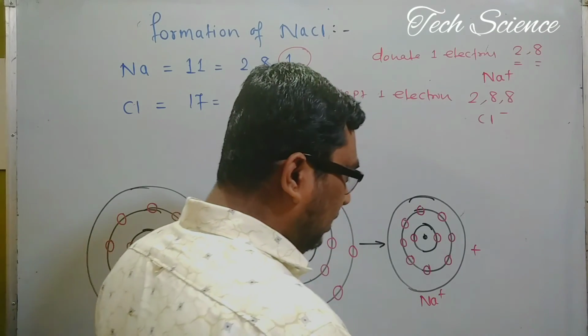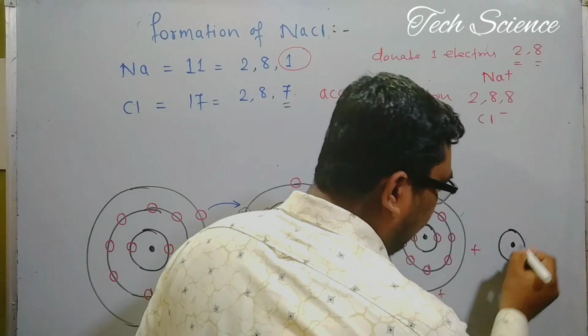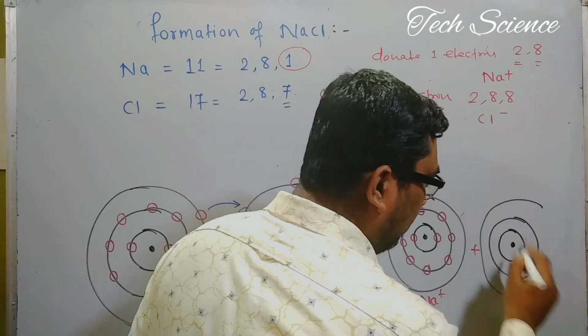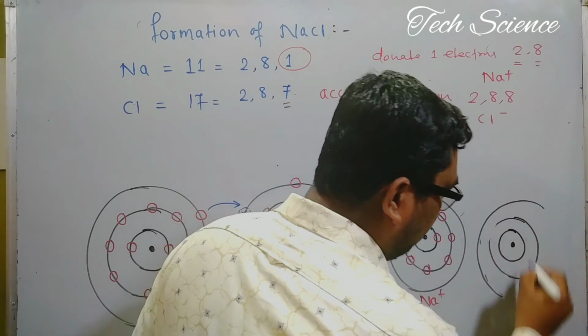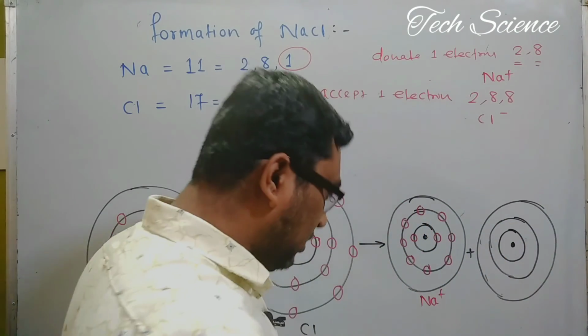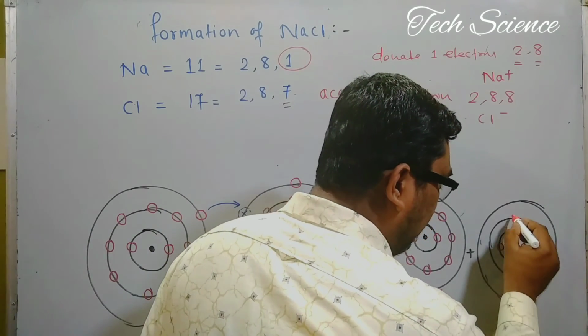What about the chlorine? This chlorine has a stable electron configuration after accepting 1 electron from the sodium atom. So this is the third and the last orbit. Now this is the Cl, and this Cl converts into Cl minus.